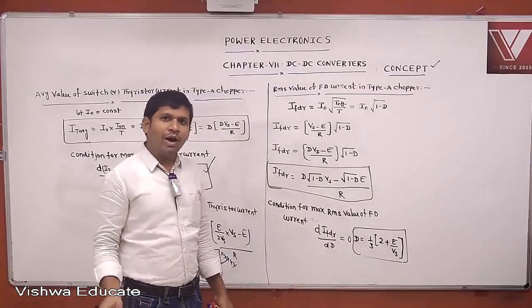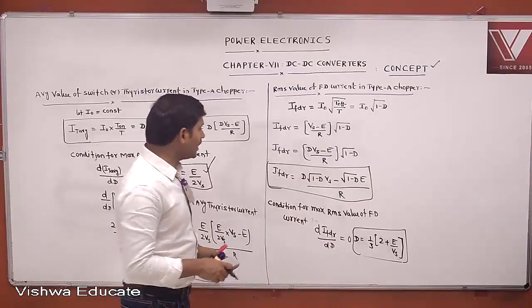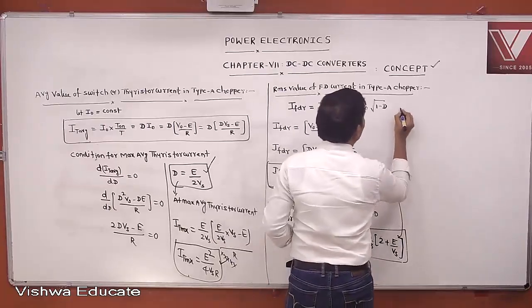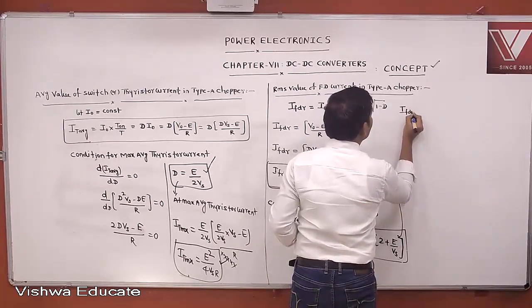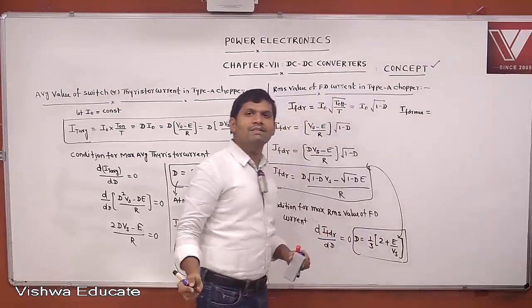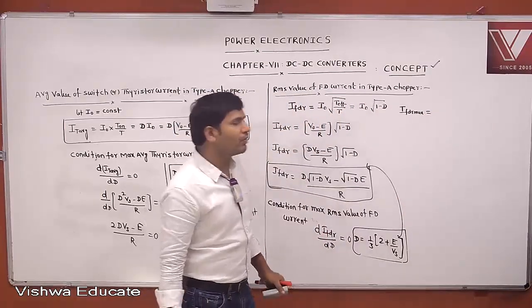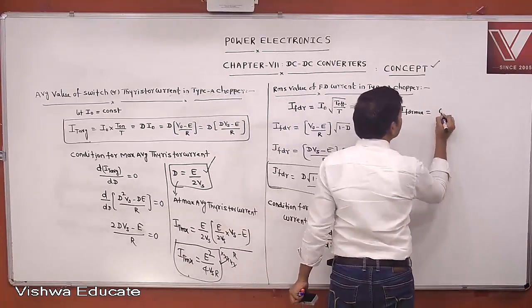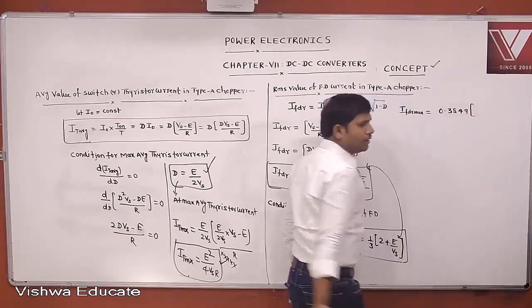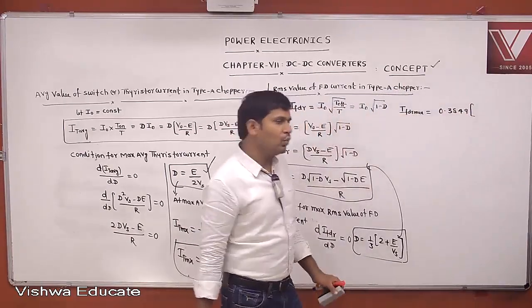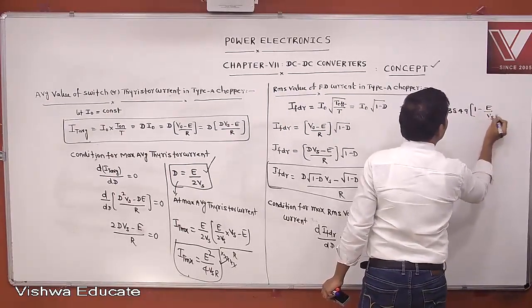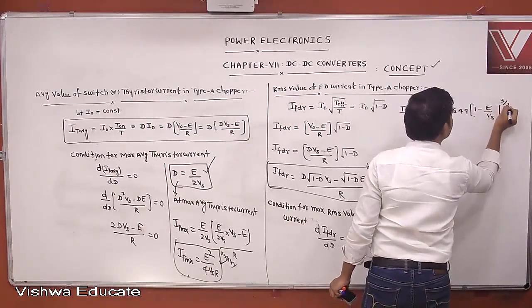But what is the maximum value of freewheeling diode current? Substitute this duty cycle in this. Then the maximum RMS value of the freewheeling diode current, by simplifying this, equals 0.3849 into (1 minus E by Vs) whole to the power of 3 by 2.